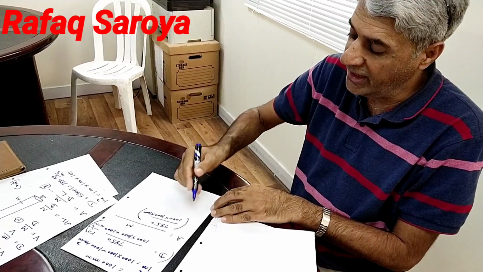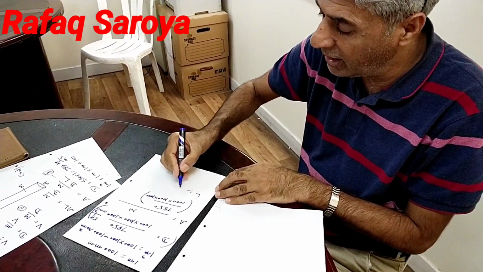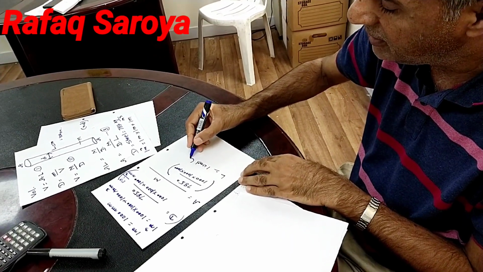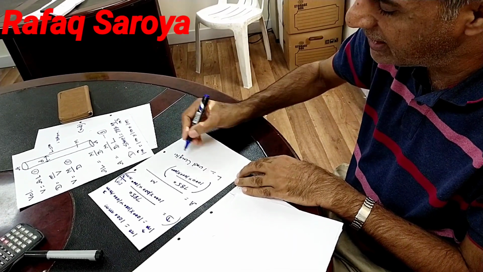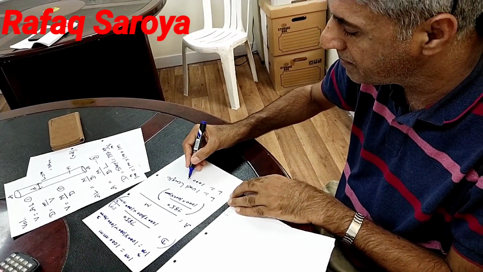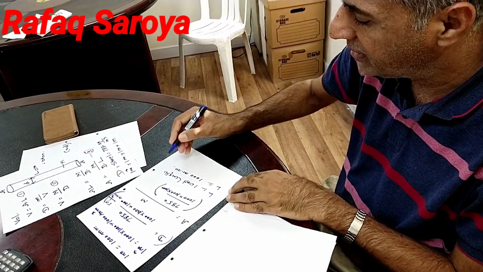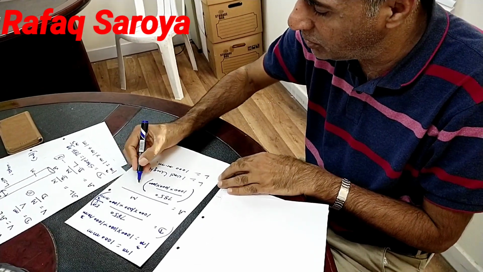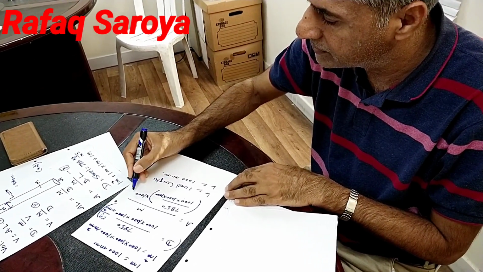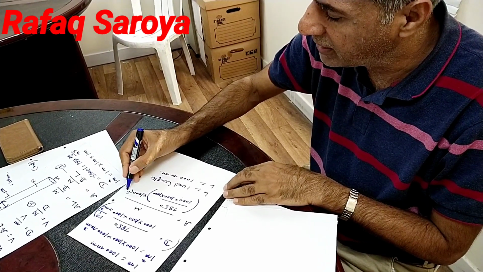For your understanding, now I am assuming it is unit length. This unit length means this length is taken as equal to 1000 millimeter. If I put this value over here, unit length.